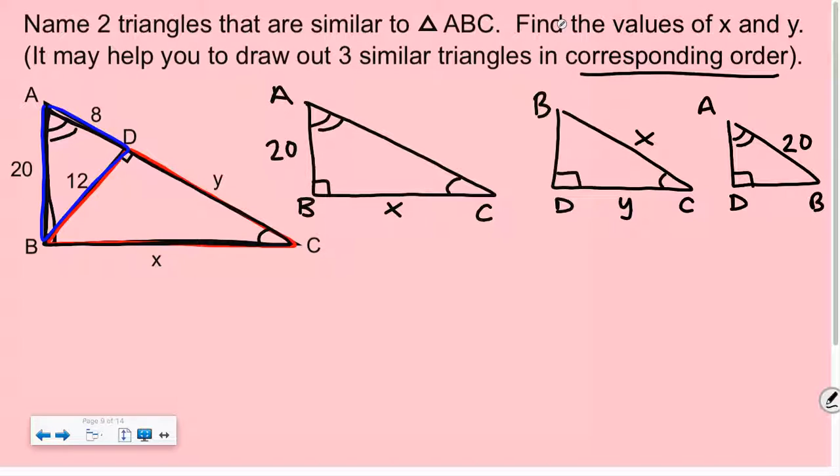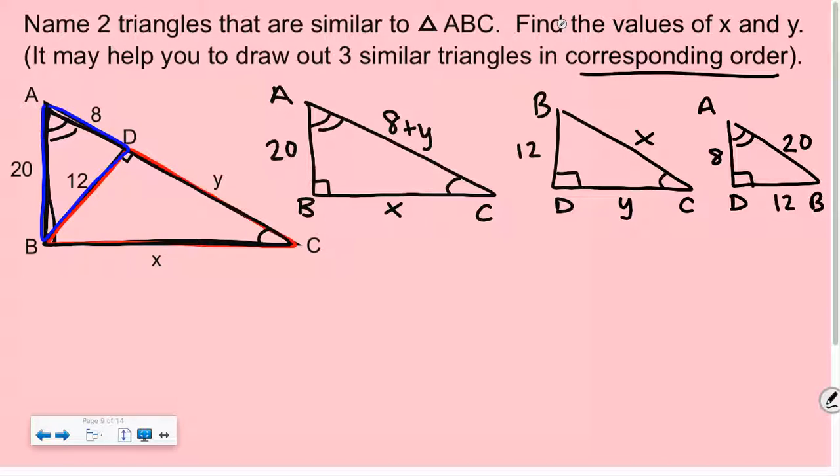BD there in the middle, that altitude is 12. AD is 8. What about the length of AC? Louder. Good, 8 plus y. You'd add whatever y is, so if y was 10, then that length would be 18.